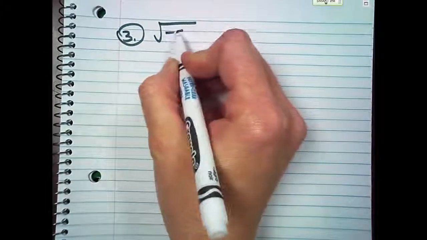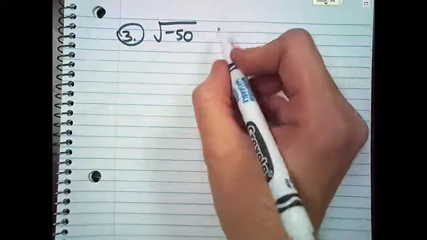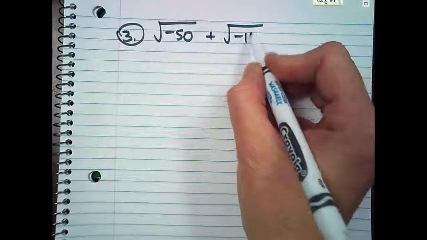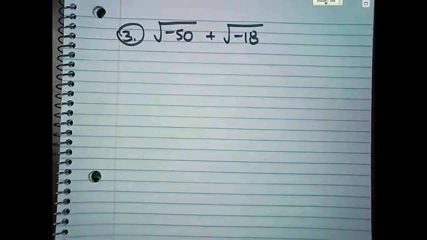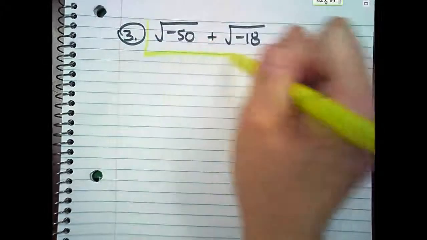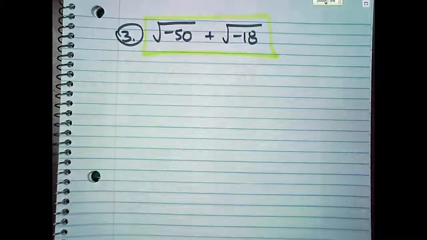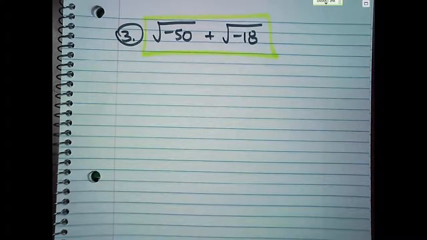The square root of -50 plus the square root of -18. Clean them up first, please. Give it a shot.